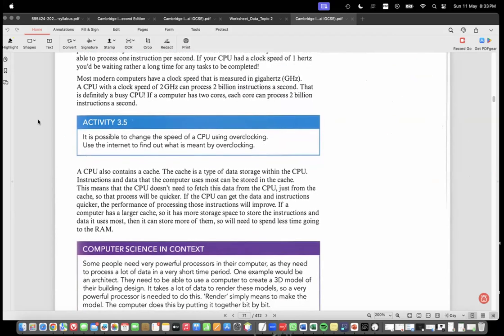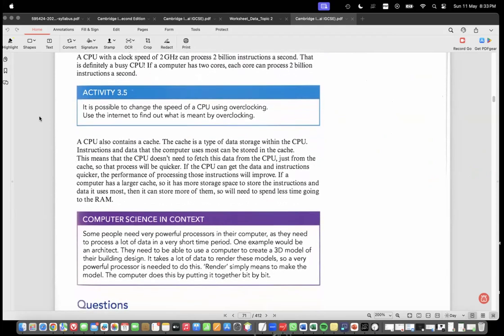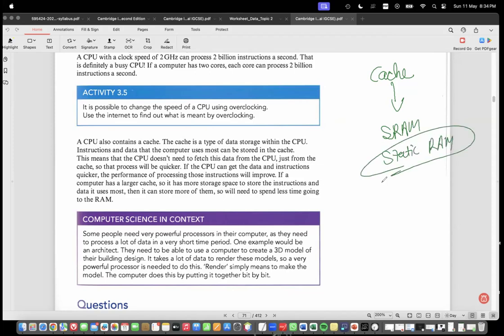Now, let's quickly talk about cache. Cache is also known as SRAM, static RAM. Your conventional RAM is known as dynamic RAM. Static RAM or cache is based on NAND chips.